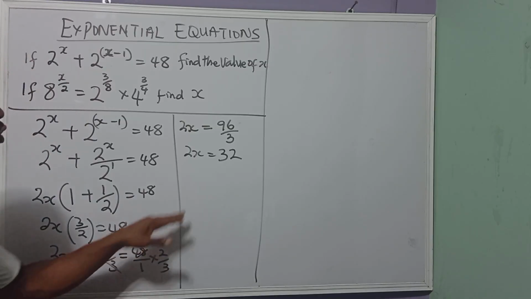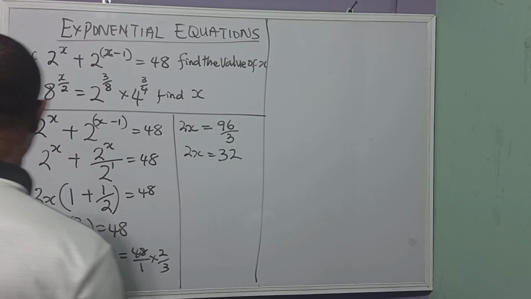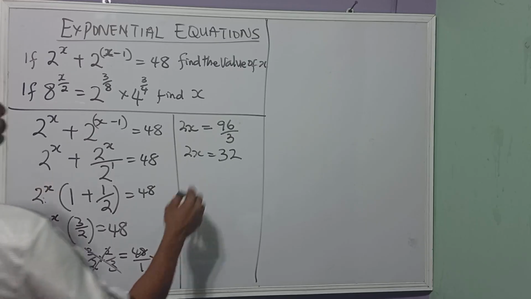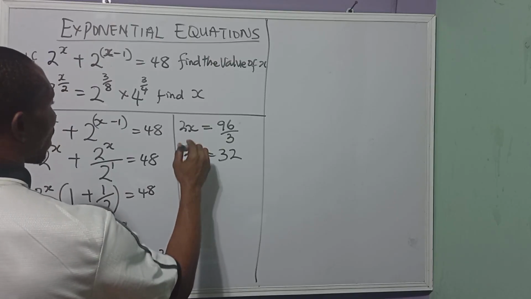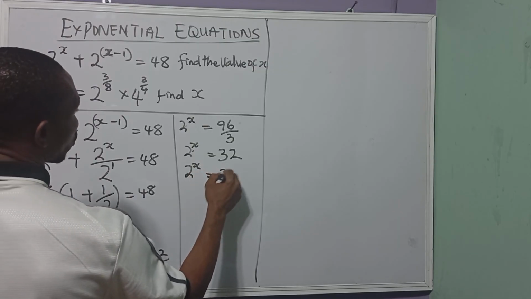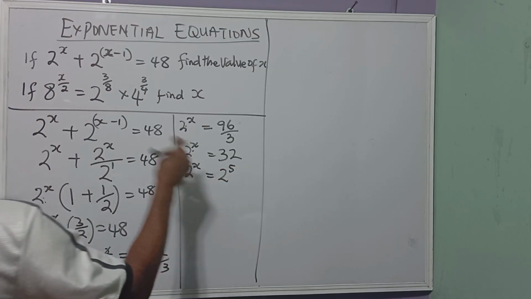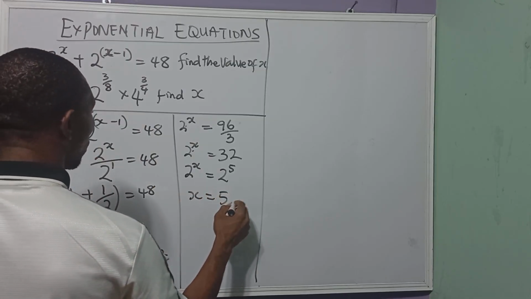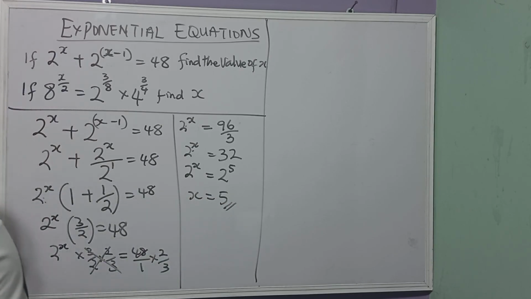Now if we break 32 into base 2, this gives us 2 raised to power x equals 2 raised to power 5. Equating our indices, x equals 5. So we found that x equals 5.